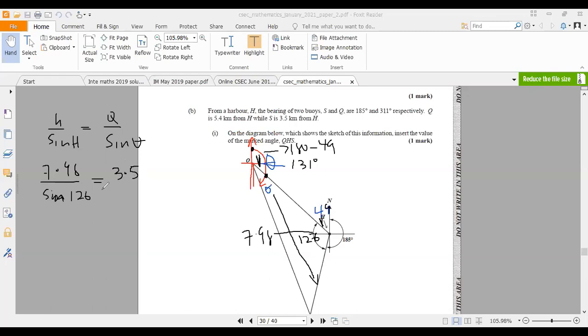Over sine Q, but I'm looking for that one here. Okay, so somebody should help me.